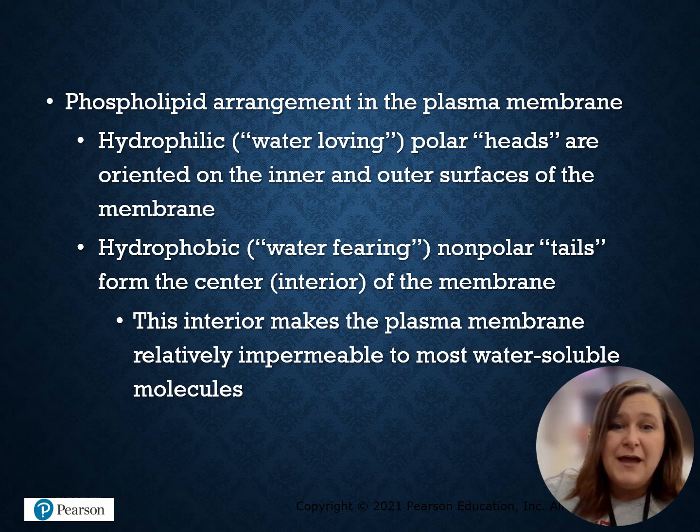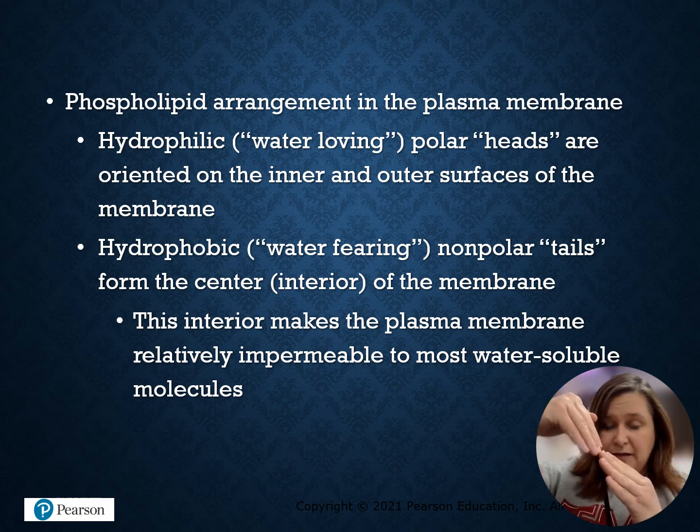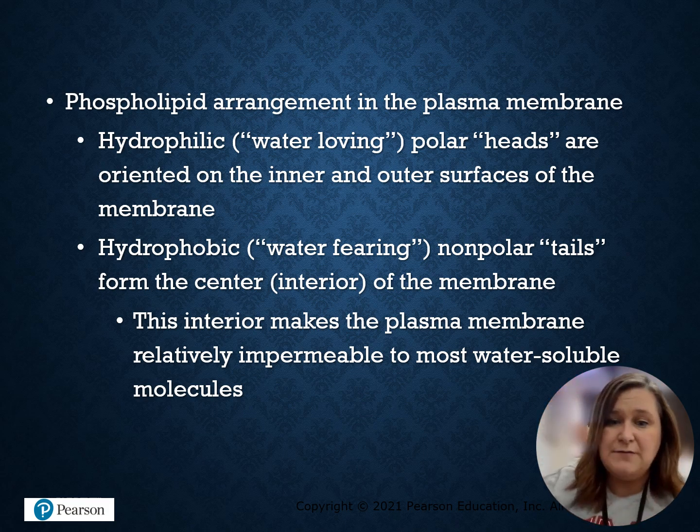So the way that the phospholipid bilayer arranges itself is that if you think back to phospholipids, you'll remember that they have hydrophilic, so water-loving heads, and hydrophobic, or water-fearing tails. So in the phospholipid bilayer, there's going to be two layers of these. The hydrophilic heads are going to be oriented on the inner and outer surfaces of the membrane, and those hydrophobic tails are going to face each other, kind of like this, where the tails go to the inside.